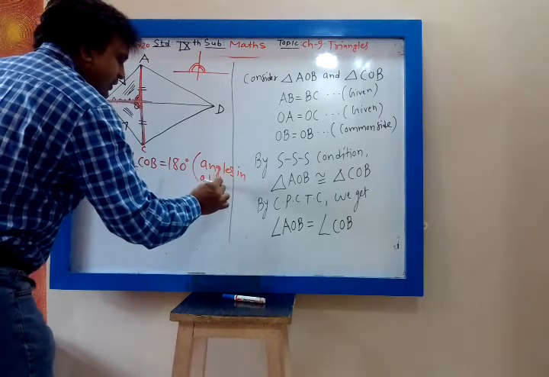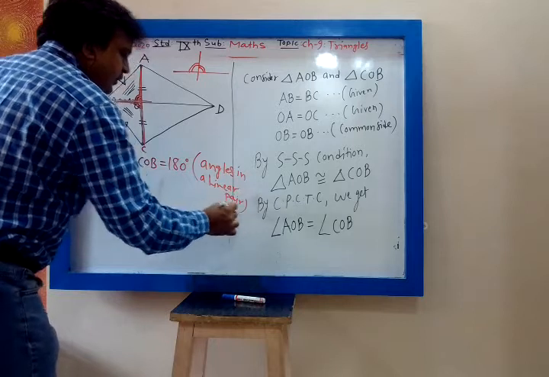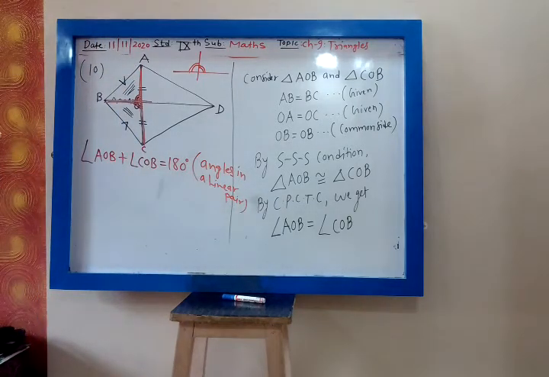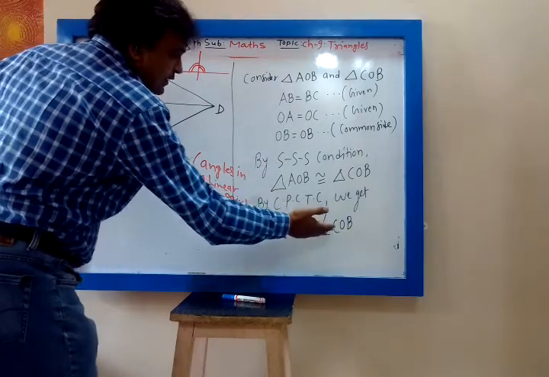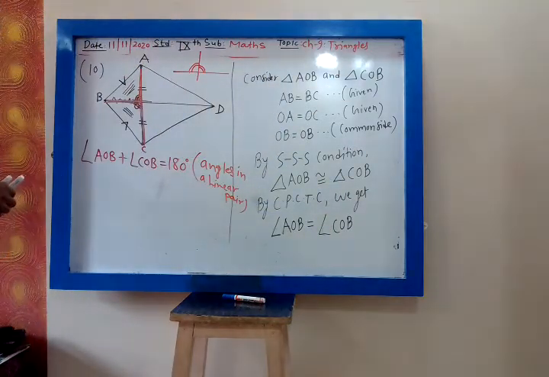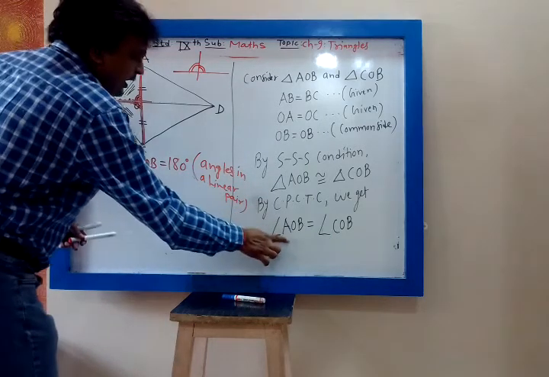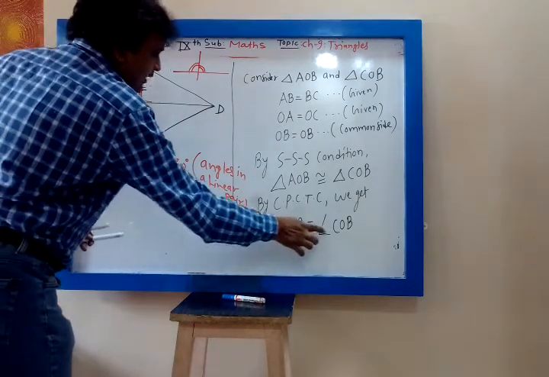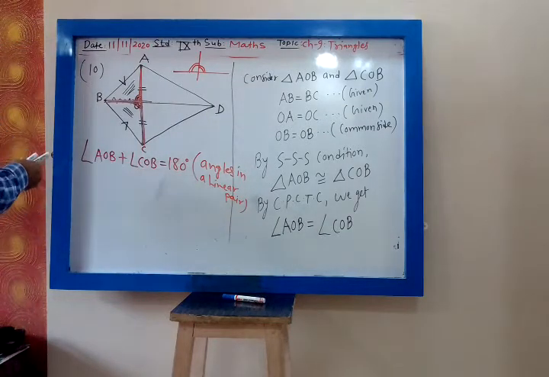The sum of the angles in a linear pair is always 180 degrees. But angle AOB and angle COB are equal, no? Yes. So I will replace angle COB by angle AOB.